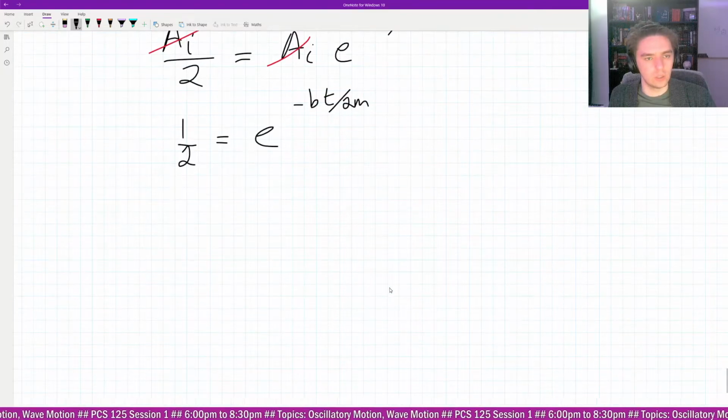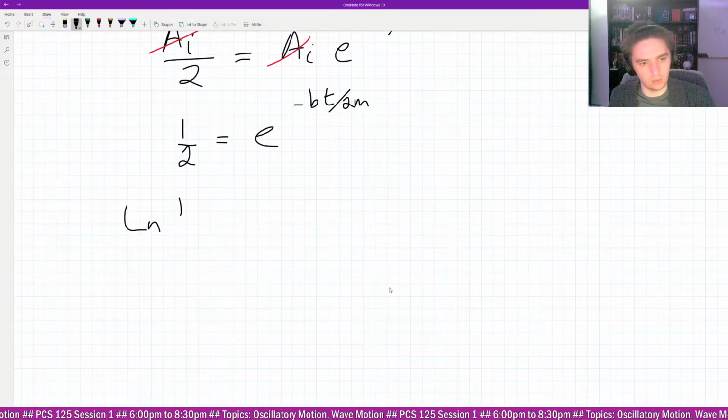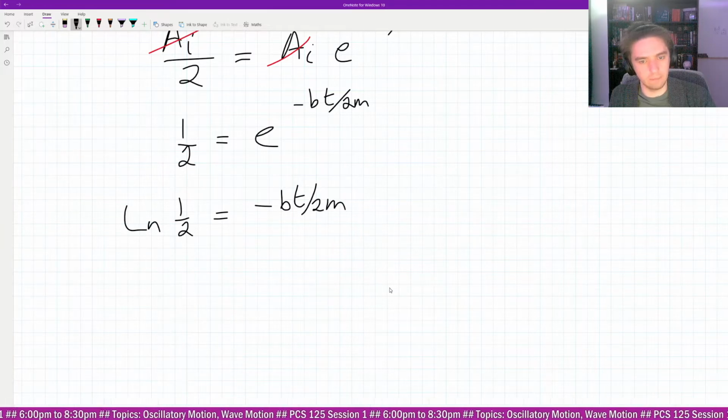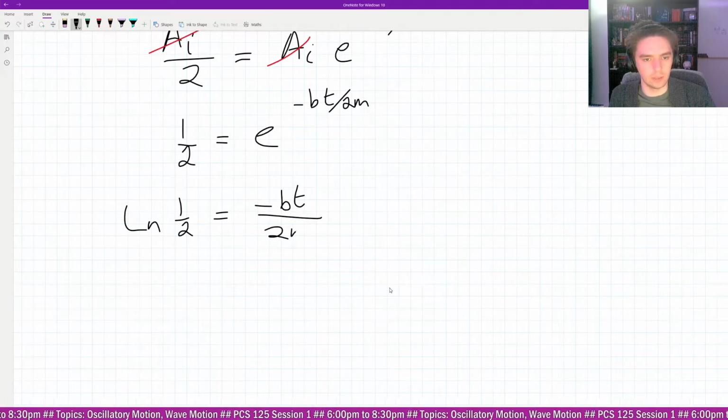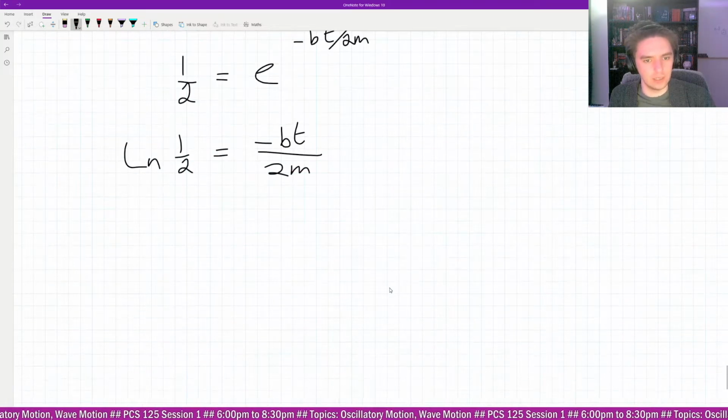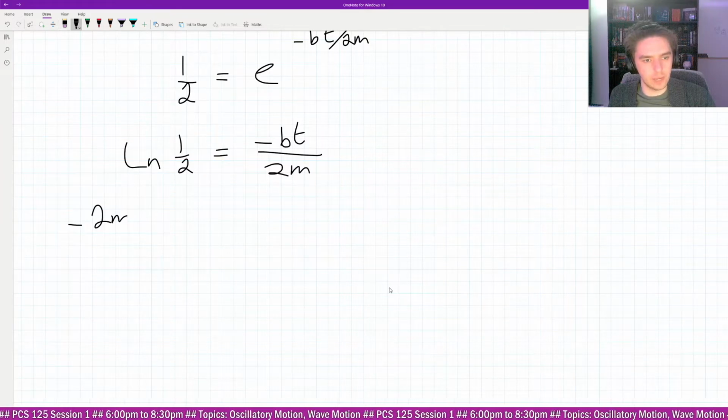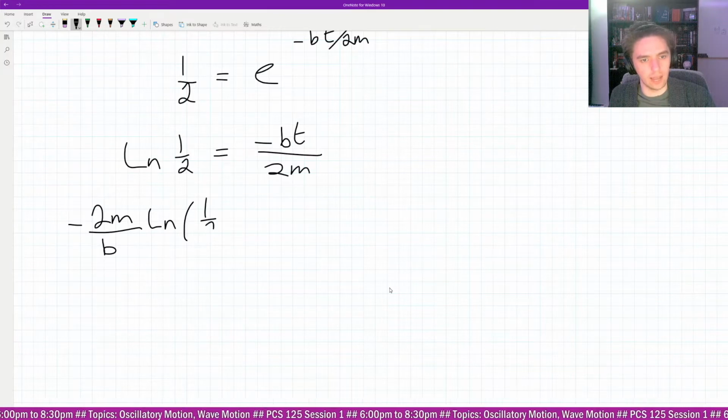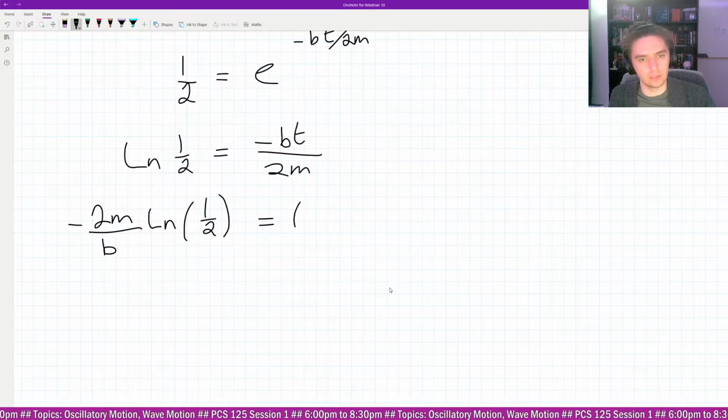I'm going to do ln of both sides. So ln 1/2 equals negative bt over 2m. The 2s don't cancel, so t equals negative 2m over b times ln of 1/2.